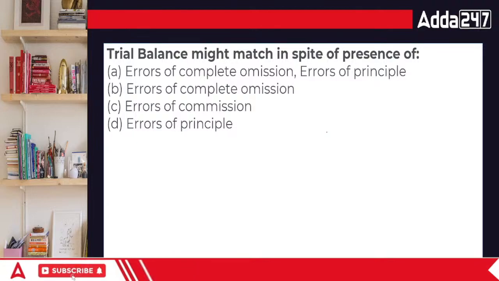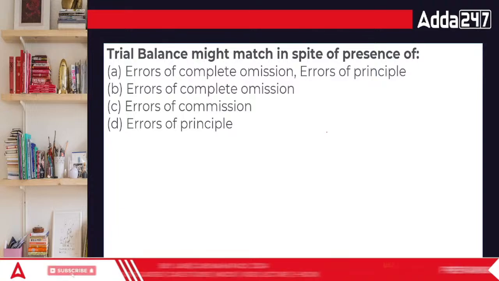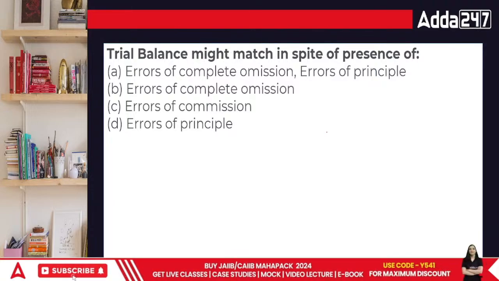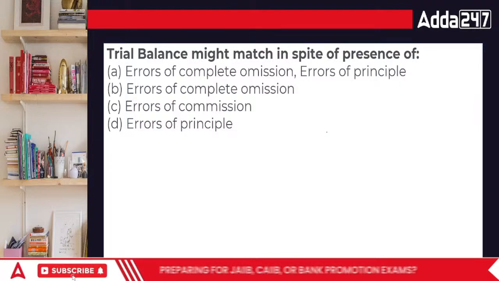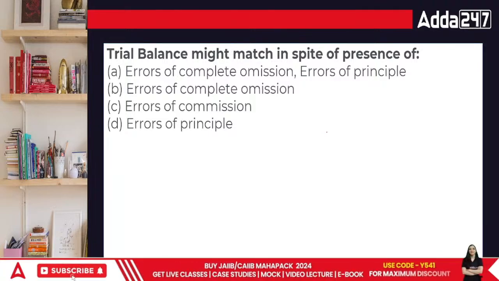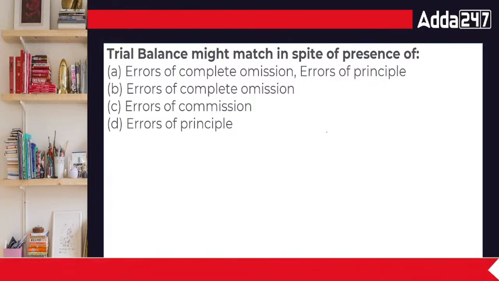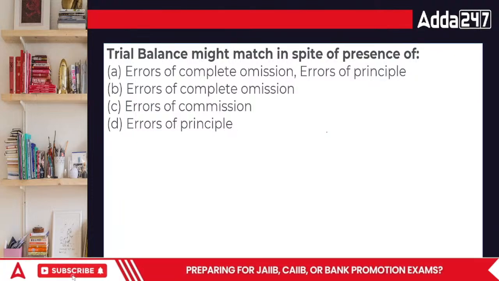Error of complete omission, error of commission, or error of principle? Error of principle, basically you are recording something as an expense which is not, meaning an asset. Both are debit side items, so ultimately it will still match. There won't be a problem there.